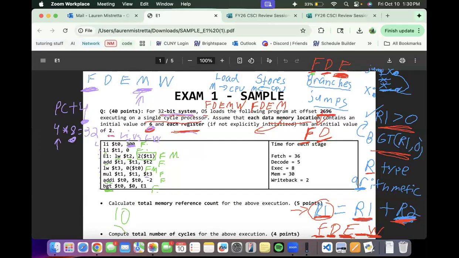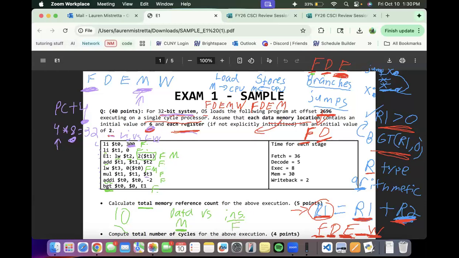Now, sometimes you might be asked for the data memory reference count versus instruction. And the only difference between this is I combined, because it was total, the fetches and mems. Data talks about the times you go into mem. Instruction reference count talks about the times you fetch.